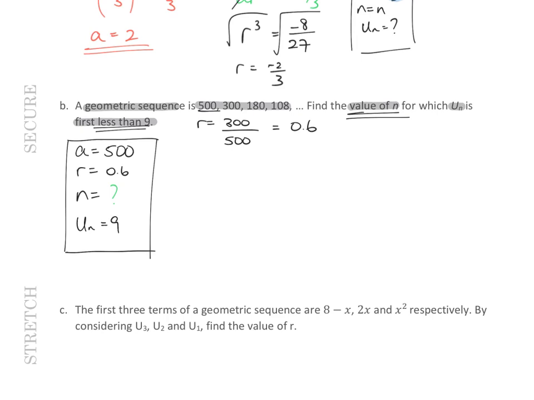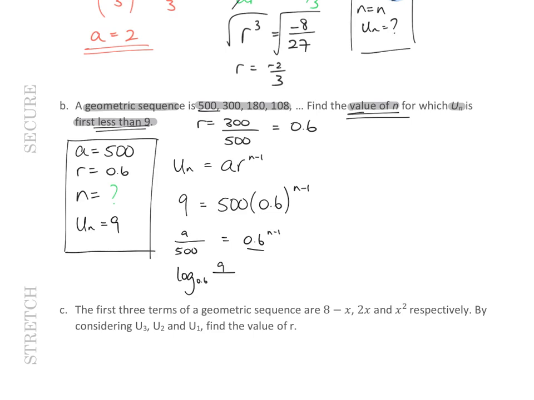Now, using the nth term formula, un is 9, is ar to the n minus 1. And now I'm solving this. So 9 divided by 500 first. Leave that as a fraction. Now what we need here is to use logarithms. So log base 0.6 of 9 over 500 is n minus 1.